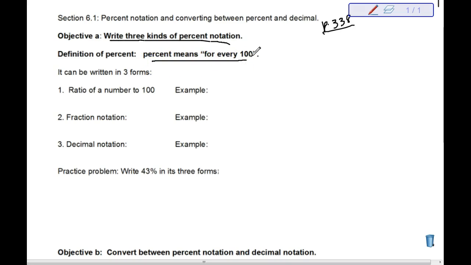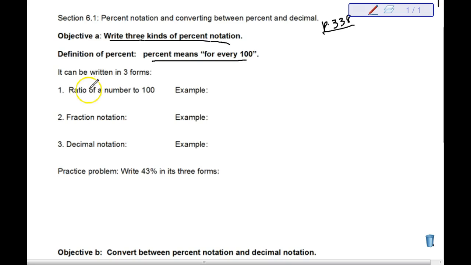It's a ratio of a number to 100. So you take a poll and you poll 100 people, and 3 out of the 100 people eat Cheerios for breakfast. So you could have 3 over 100, or 3% of the people eat Cheerios.